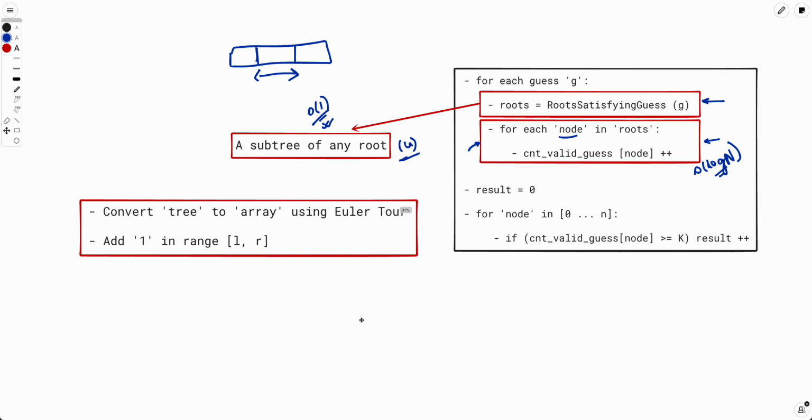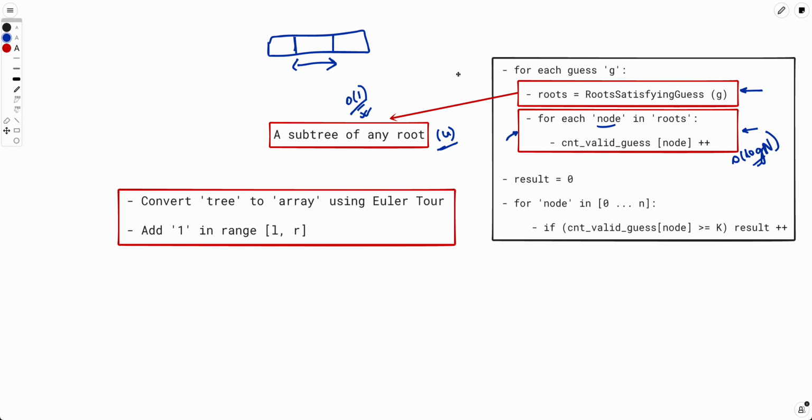So now the problem is simple. We will do the Euler tour, convert that tree into an array, and from this we already know which nodes to look at. So we know L and R, right? And what we will do is just add one to this range L comma R. And adding one to a range L comma R is a very standard range query operation.